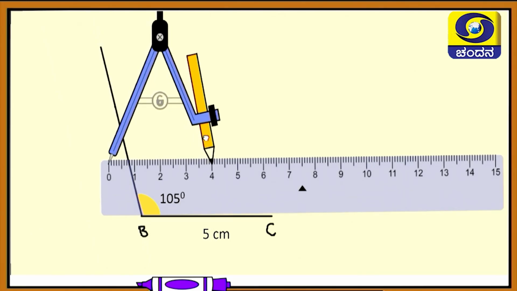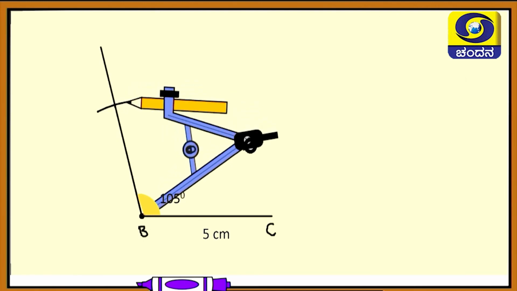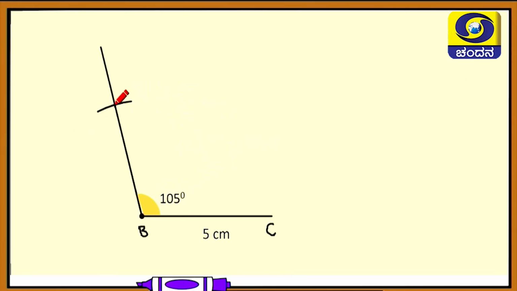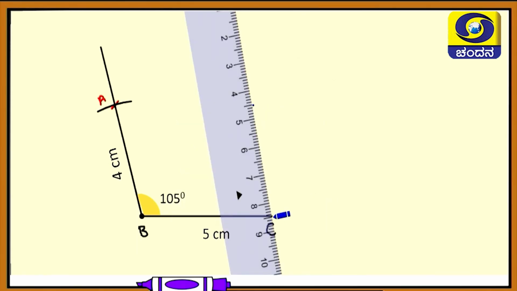Now, taking the help of a compass, I am cutting that marked line with a radius of 4 centimeter here, children. I am marking that intersection point as A. Now BA is 4 centimeter. Again I am taking the protractor and keeping it at point C, identifying 80 degree, marking that 80 degree point and joining that point, extending that line also.